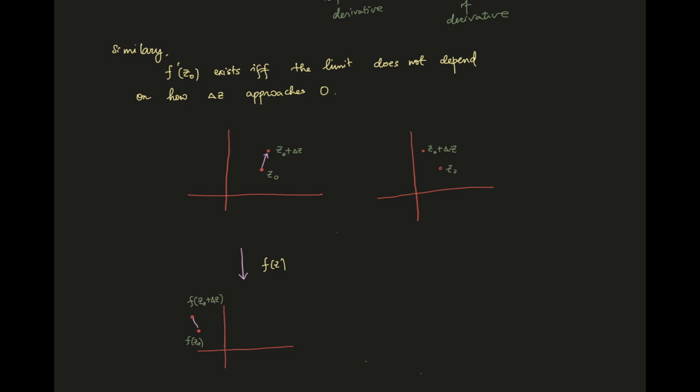That is, when we go from z0 to z0 plus delta z, we go from f of z0 to f of z0 plus delta z in a certain direction. But for a different value of delta z, the transition may be in a different direction.